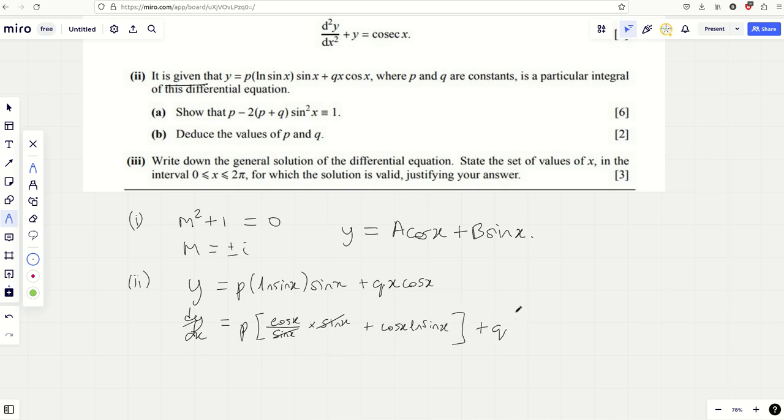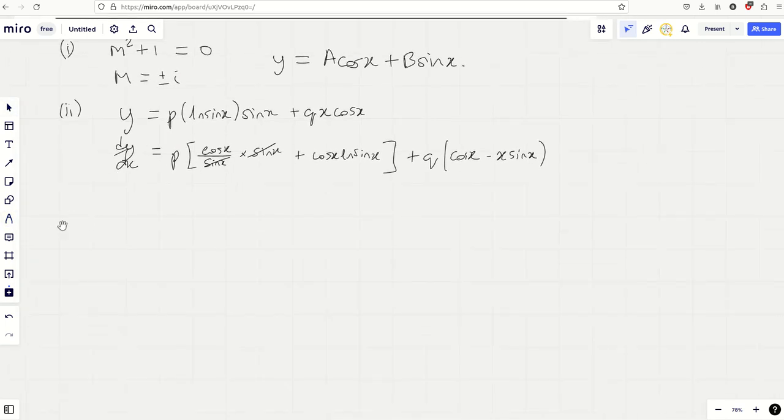Plus q times, okay, same thing basically, differentiate x, you get 1, times cos x undifferentiated, then differentiate cos x, you're going to get minus sin x, and then times x, so you're going to get minus x sin x. Cool. And that is the first derivative for this function.